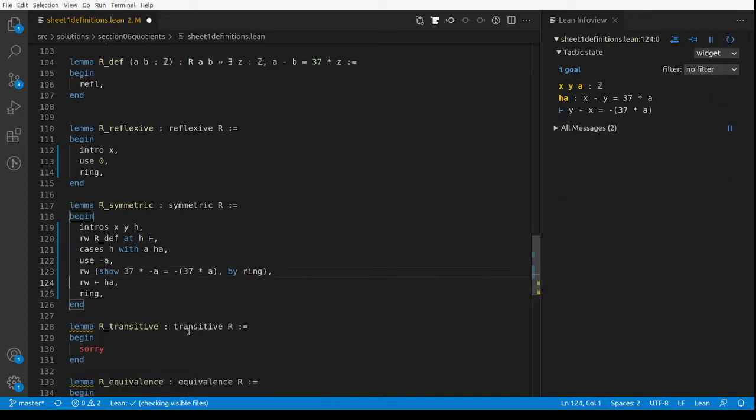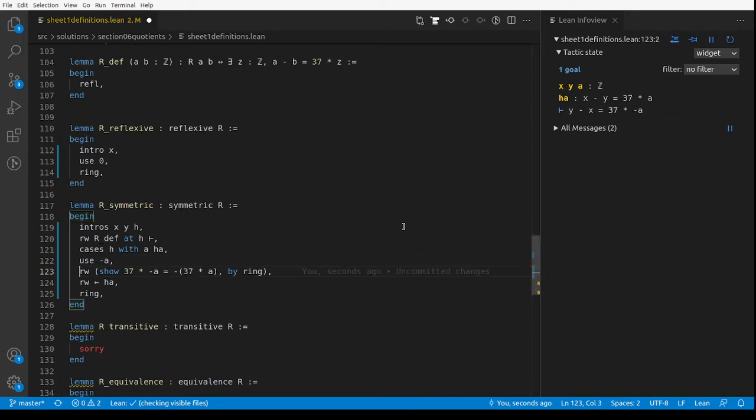There we go. So this is kind of nice because now we never had to make that hypothesis H. We created it temporarily here, and we wrote the type here. We created the term with the ring tactic, and then we rewrote the term, and it never ended up in the tactic state.